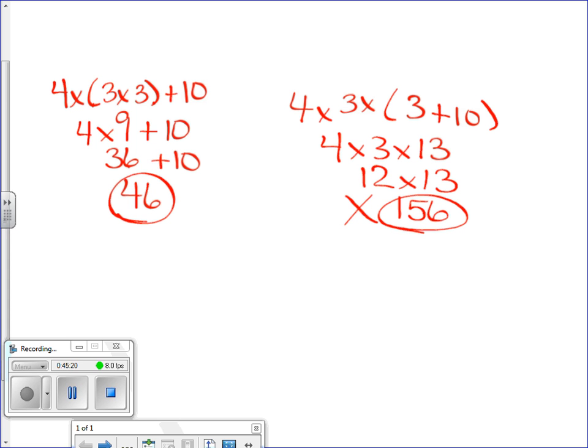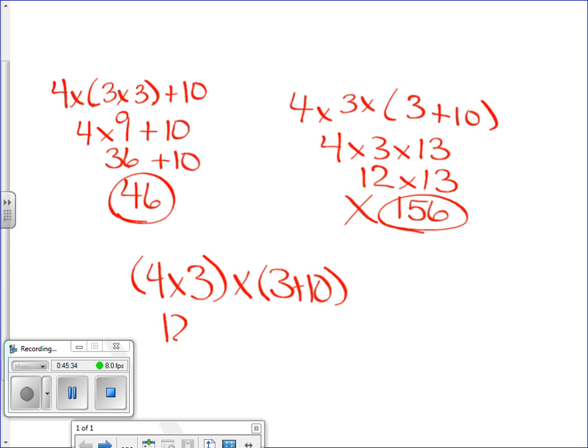Not the answer. So parentheses is 12 times 13 again, which is 156. Wrong again.